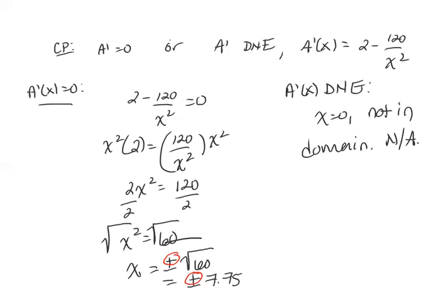So I only have one point to consider for this particular equation. Now I need to make sure that that particular point gives me a minimum, not a maximum. My critical point is again x equal to the square root of 60, which is about 7.75.